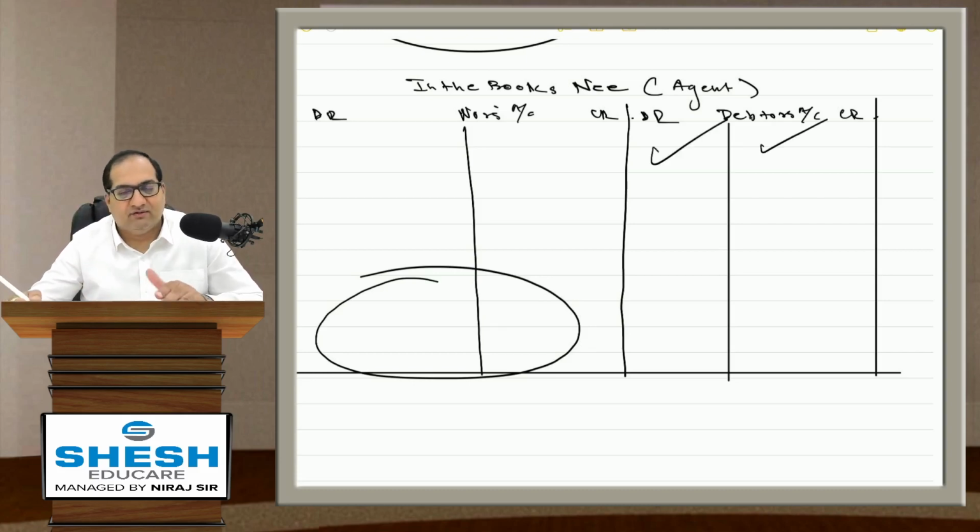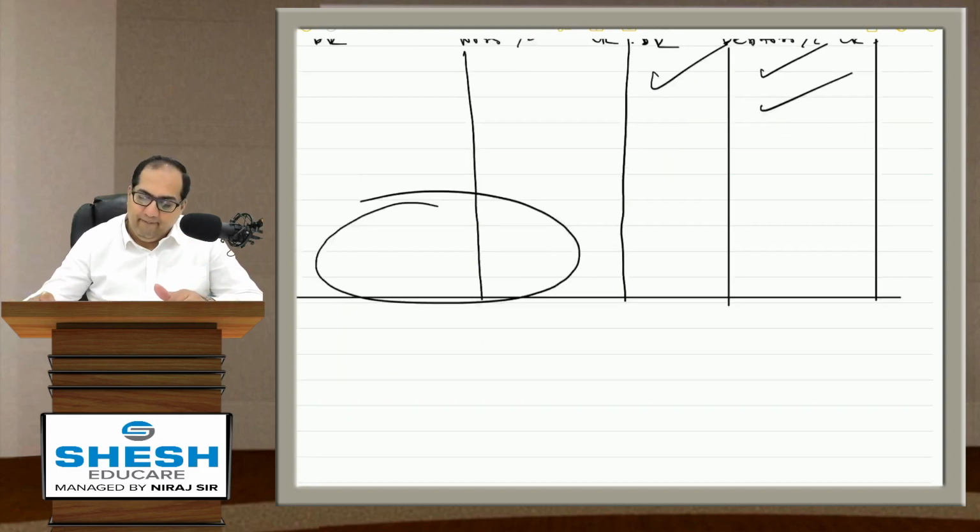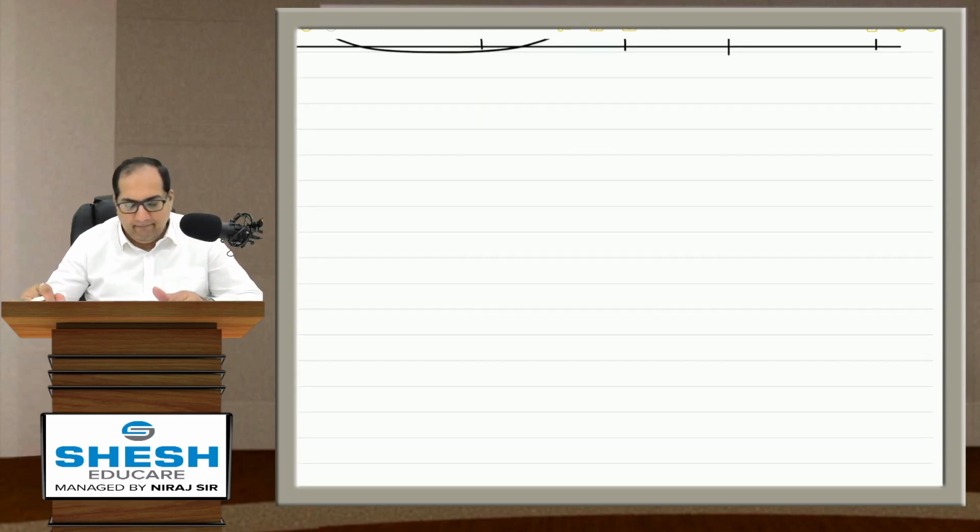If there is a closing balance, we'll write it as closing balance. If there are bad debts, we will credit debtors. So this is typically the debtors account. Now the question is, what are the key points in the consignment chapter?